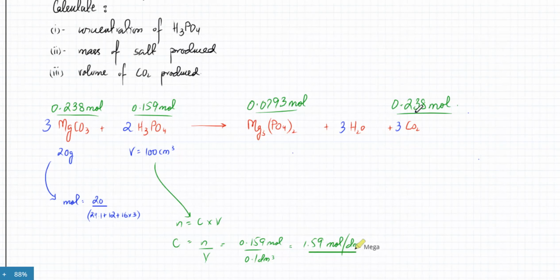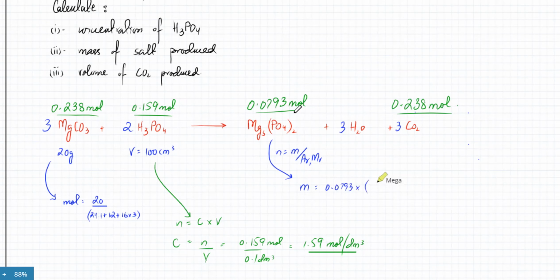And then he's also asking for the mass of magnesium phosphate. So again, how do you figure out the mass? Moles was mass divided by MR, right? Or AR. So that means mass would be moles, which is 0.0793, into the MR. MR is on the calculator.